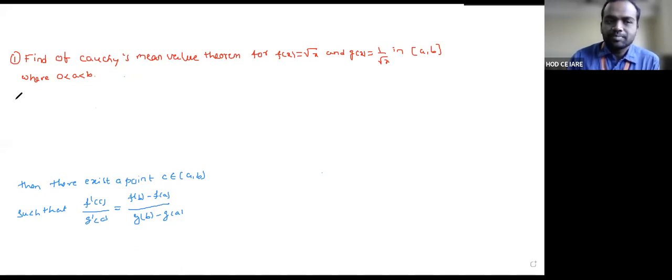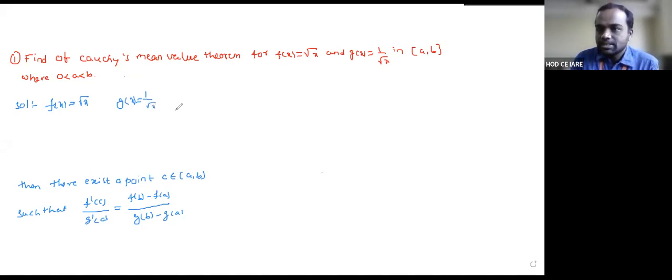Solution: f of x is equal to root x and g of x is equal to 1 by root x. Both are algebraic expressions, so they are continuous functions in the closed interval of a comma b.